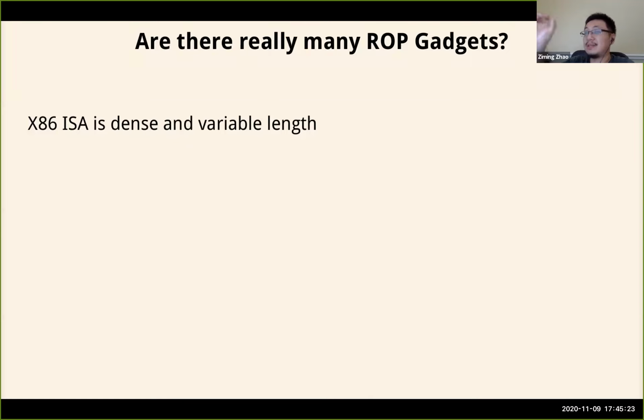As long as you have a return there, then anything before that, you can use as a gadget. They do not necessarily have to be legit instructions in the original interpretation. That's why I said in the last class, this is kind of like a Lego. So every byte is a Lego piece.